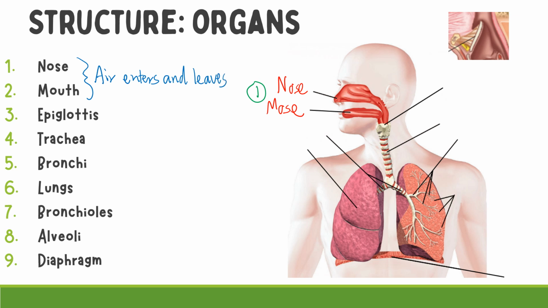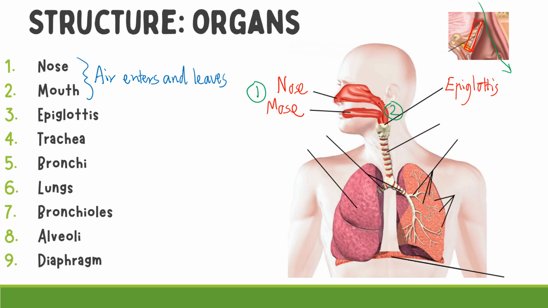Then the air travels to the back of our throat, and to avoid going into the digestive system, which we want to avoid, obviously, we have this small organ called the epiglottis. And the epiglottis is basically like a little trapdoor. And when we're breathing, most of the time, it is open on the windpipe side so that air can pass through from our nose and mouth and down into our lungs.